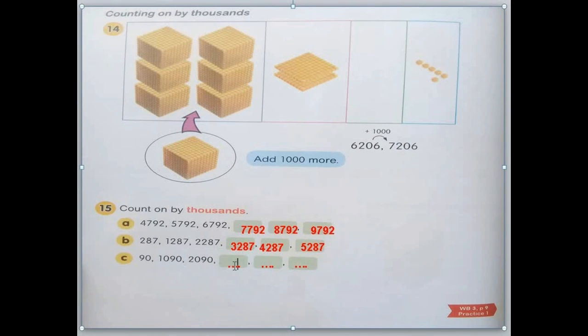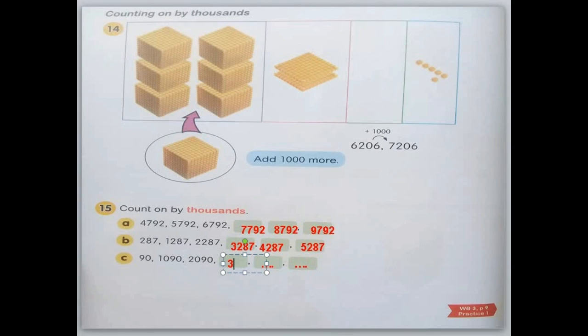Yes, of course. Now question C. Question C, look at this one. 90. Oh, do you find any thousand here? No, it's not there, right? But the second number, 1,090. Oh, it's just started. 1 here. And then 2,090, 2, right? So after that, the number in the thousand is 3.